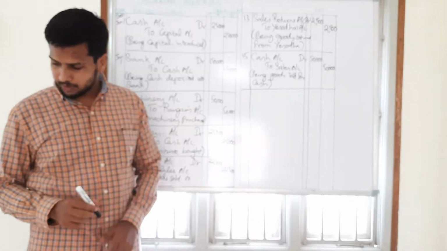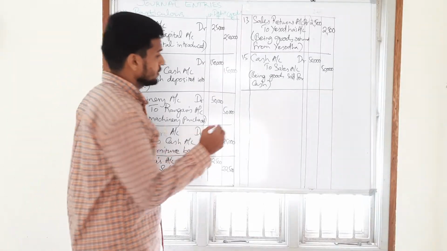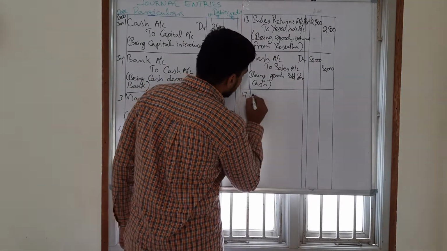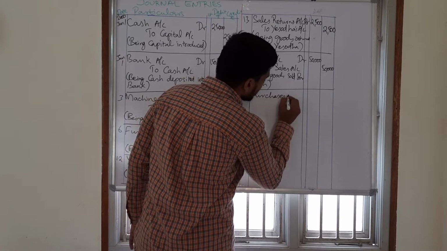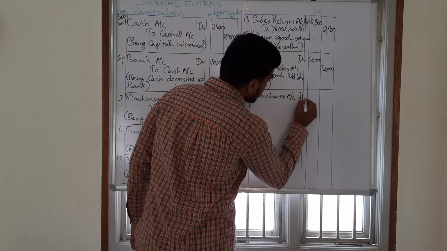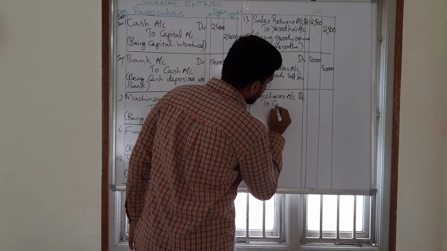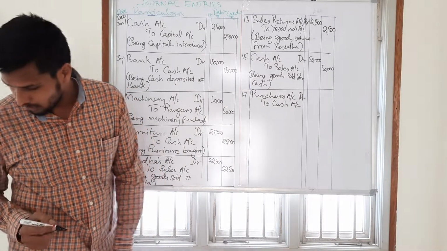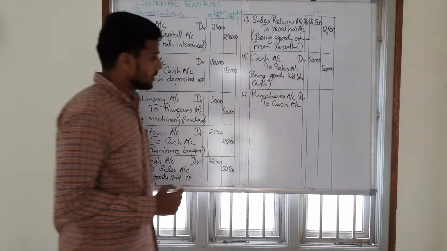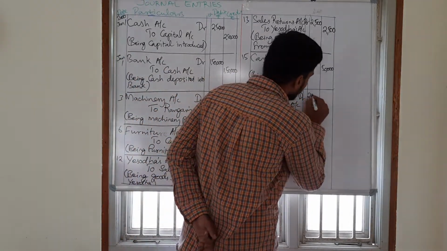Date of the transaction is 17, purchases account debit to cash account. What is the worth of goods? 25,000.